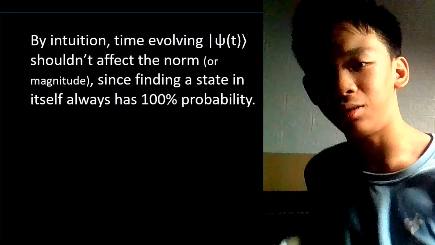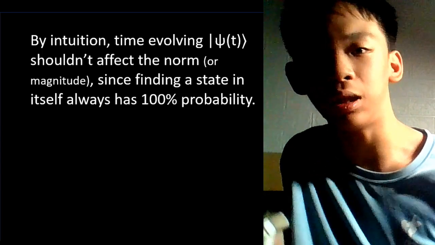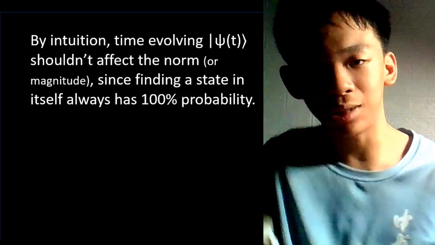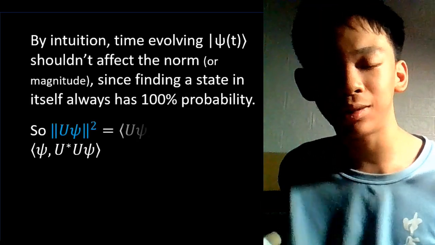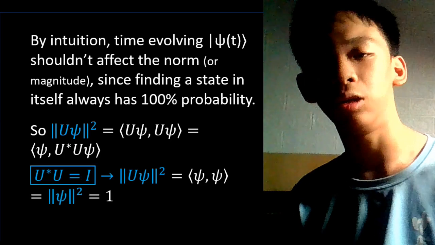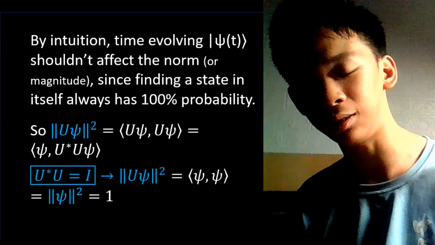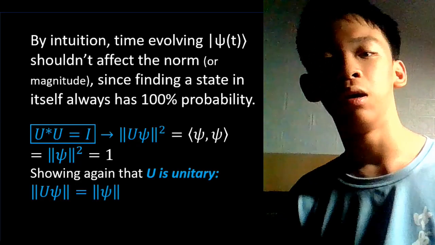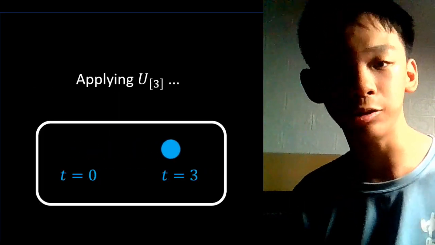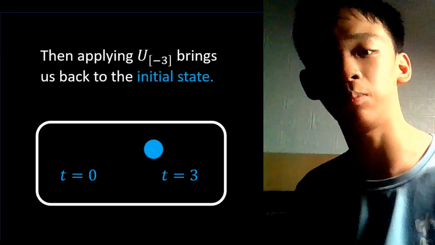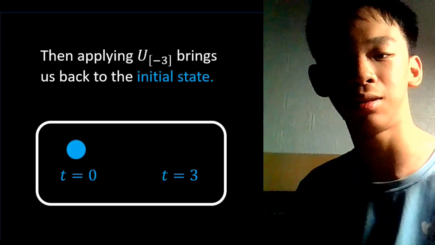By intuition, time evolving psi of t shouldn't affect the norm, or magnitude, since finding a state in itself always has 100% probability. So we have that U adjoint U equals the identity, hence showing again that U is unitary. Furthermore, the adjoint of time evolving by t seconds corresponds to time evolving backwards by t seconds.